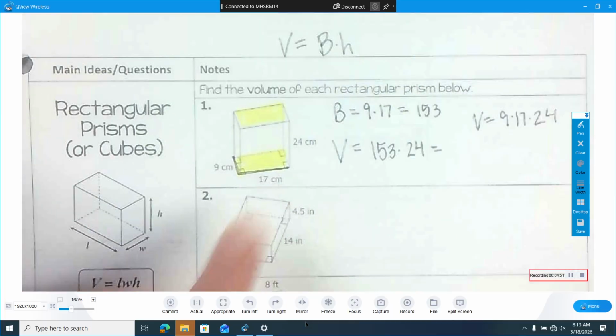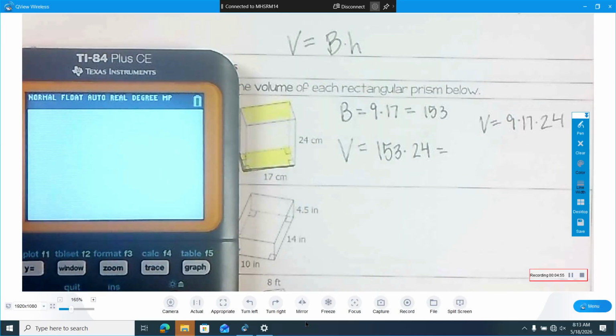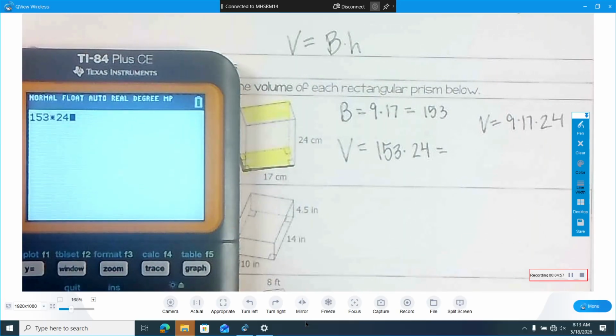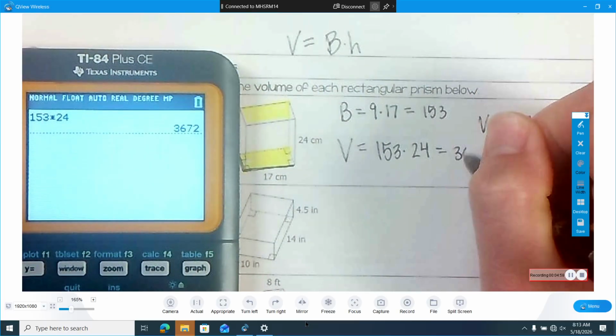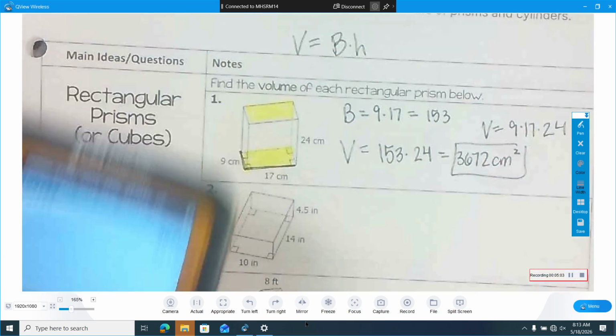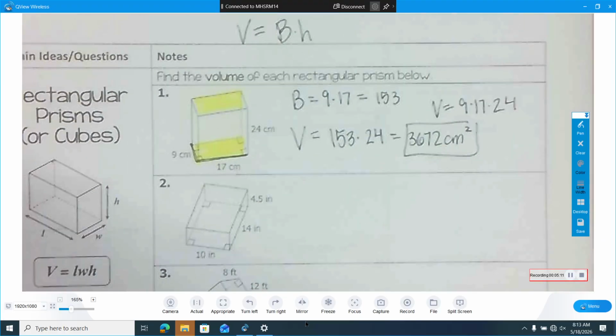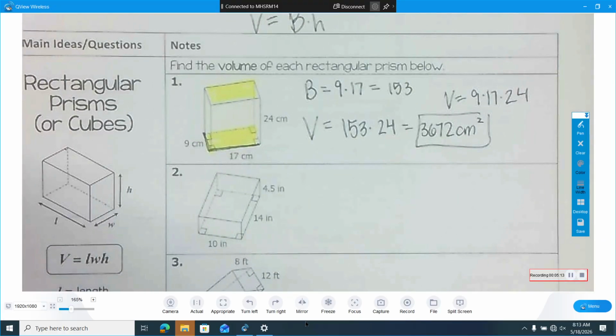Yeah, it's absolutely the same thing: length times width times height. You can do whichever one you want. But again, one formula works for everything: 3672 centimeters cubed. Area of the base times the height works for everything. No separate formula needed.